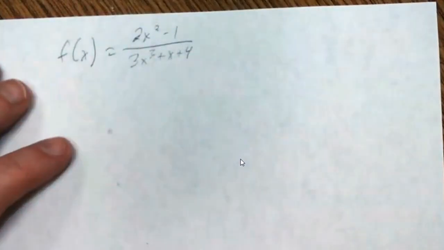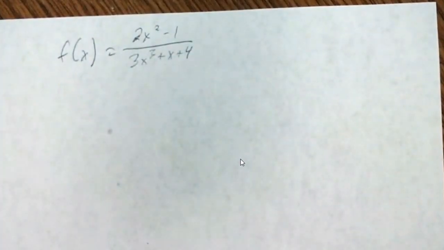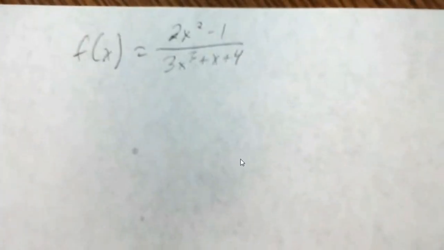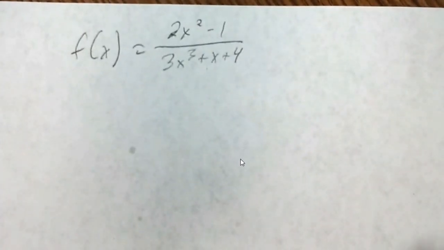Something like that, where we're talking about a polynomial expression on the top and bottom of a quotient, a ratio, a fraction type looking thing. I'll lower this down a little bit so you get a better look at it. But this is what a rational function is.